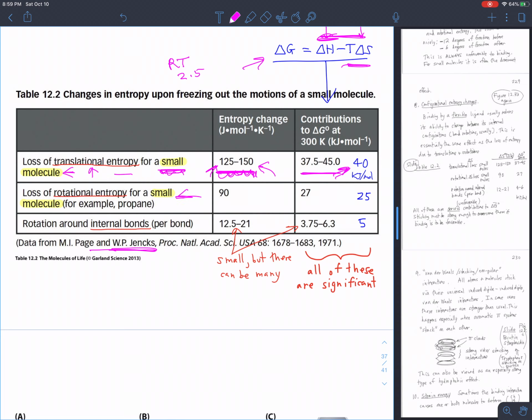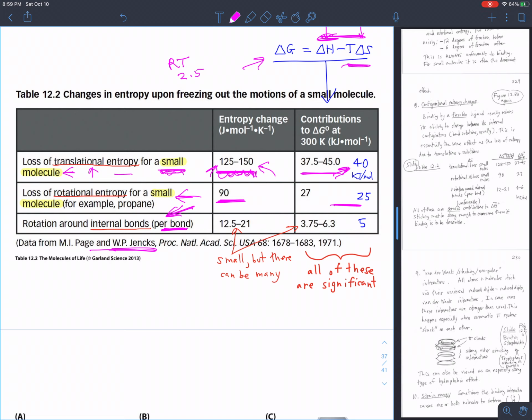Rotational entropy, on the other hand, also has a pretty big contribution. It's not as big as the translations, but it's still significant. Roughly 25 kilojoules per mole when you turn it into a delta G. And the internal degrees of freedom, so rotation around internal bonds, per internal bond.